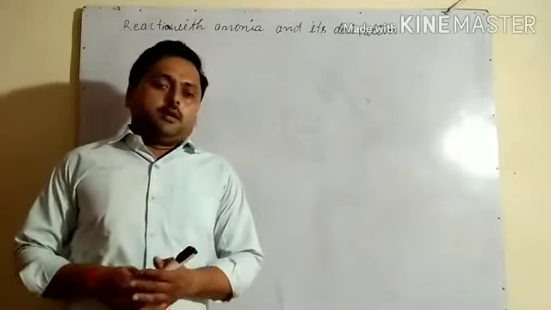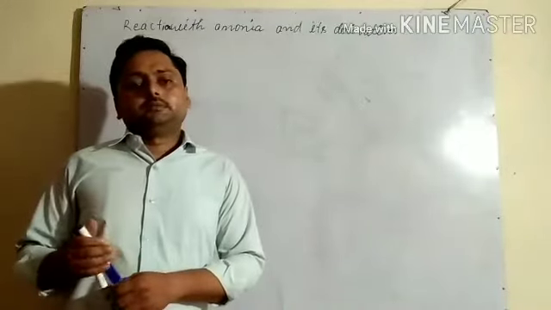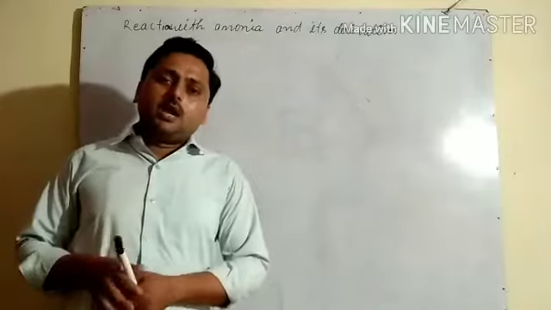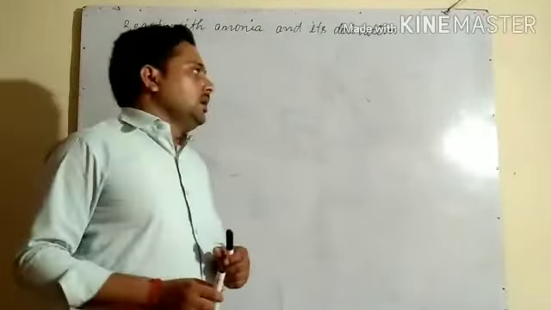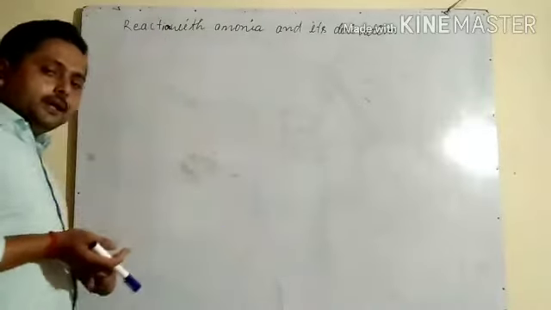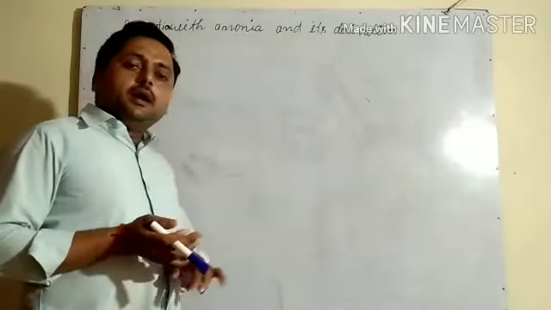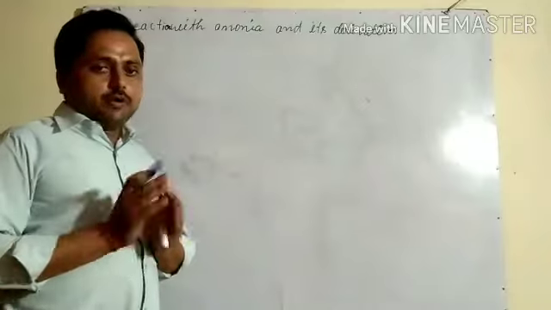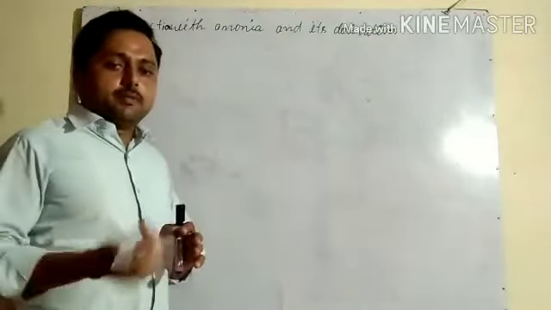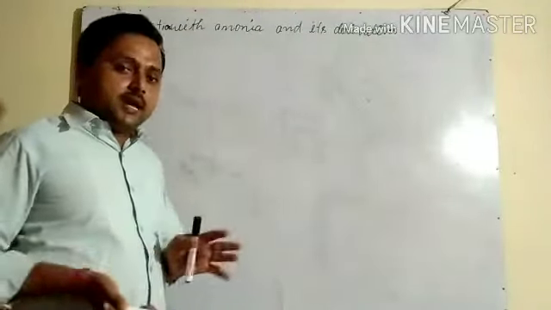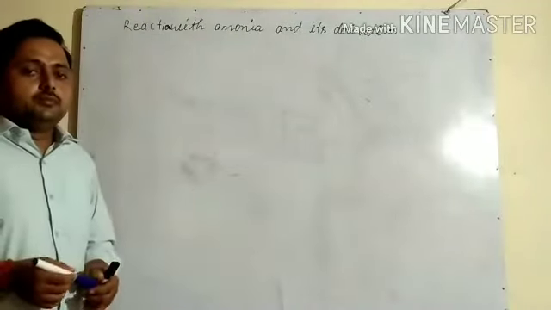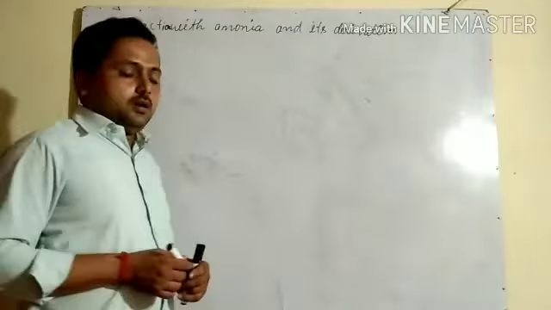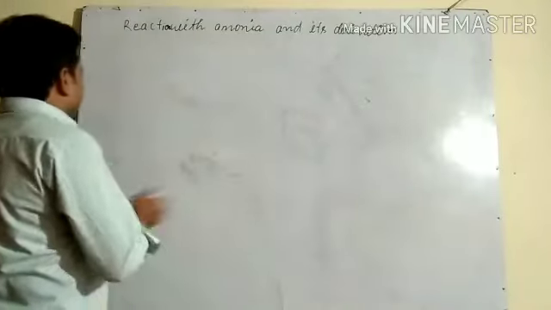But formaldehyde reacts with ammonia and forms urotropin. So remember this: aldehyde reacts with ammonia and forms aldehyde amine, but formaldehyde especially reacts with ammonia and forms urotropin.